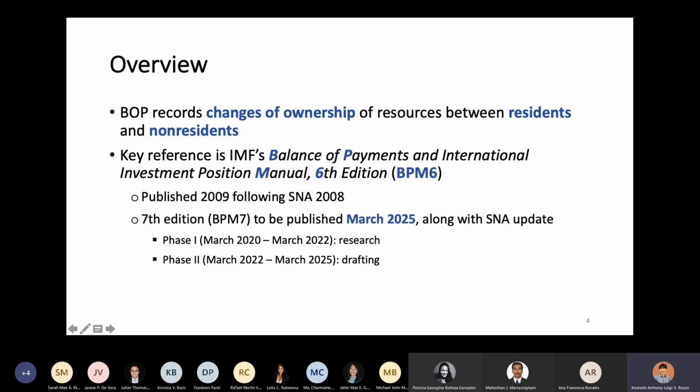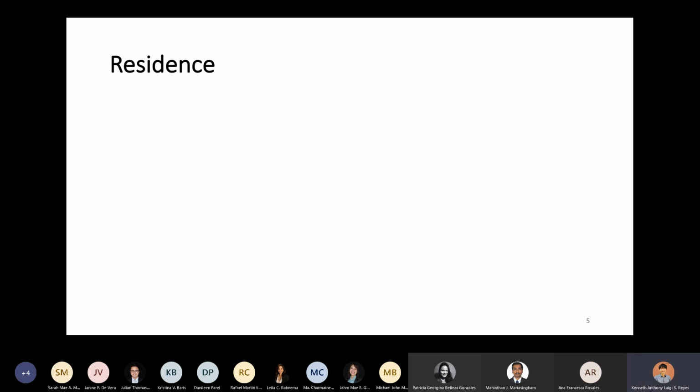The key reference we're going to be using is the IMF's Balance of Payments and International Investment Position Manual, 6th edition, otherwise known as the BPM 6, which was published in 2009 following the 2008 version of the System of National Accounts. The 7th edition, the BPM 7, is scheduled to be published in March 2025, along with an SNA update. Right now it's at phase one, the research phase, and afterwards they're going to be drafting it. So all of this will be based on the BPM 6.